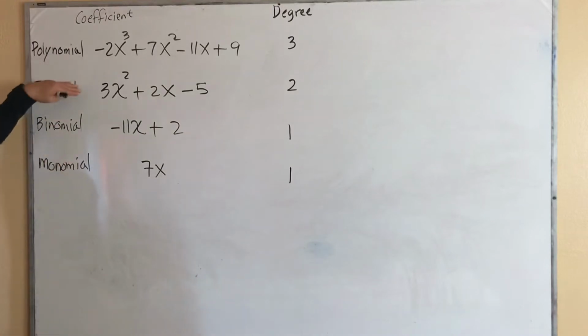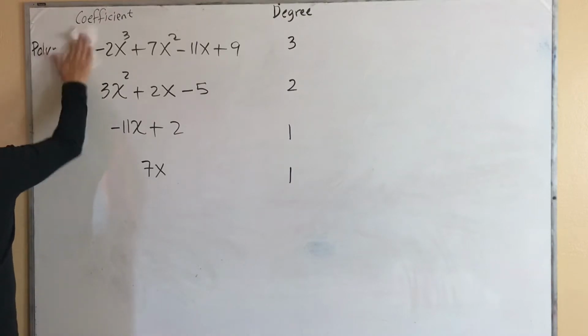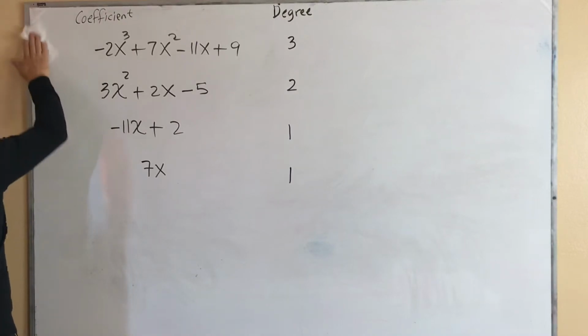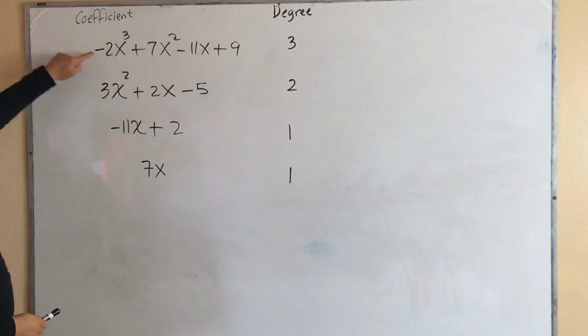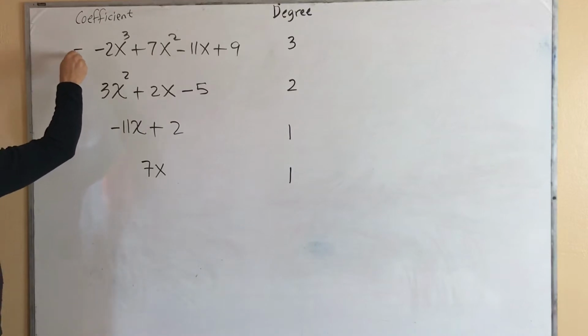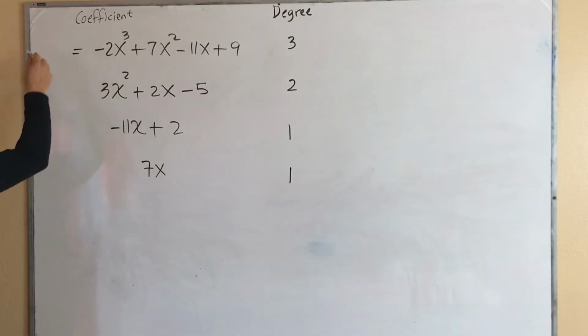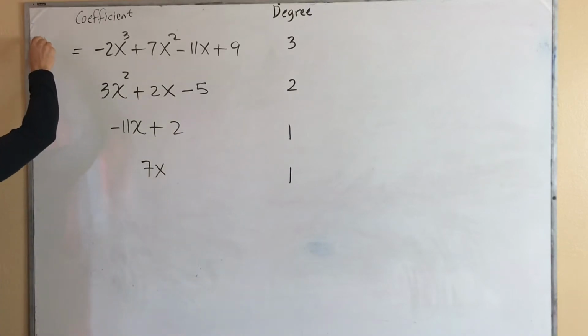Okay, so I'm gonna erase this now because I need the room. And I like to give them human names. For example, I'm gonna call this polynomial Frank.